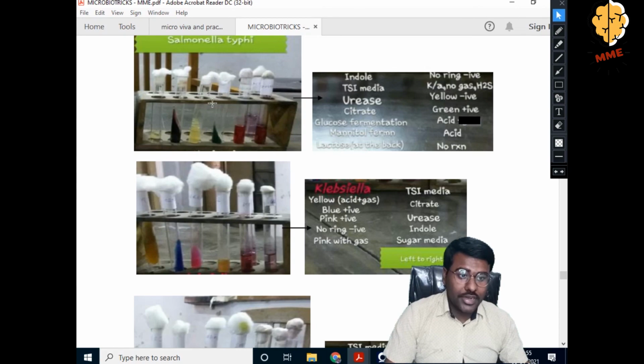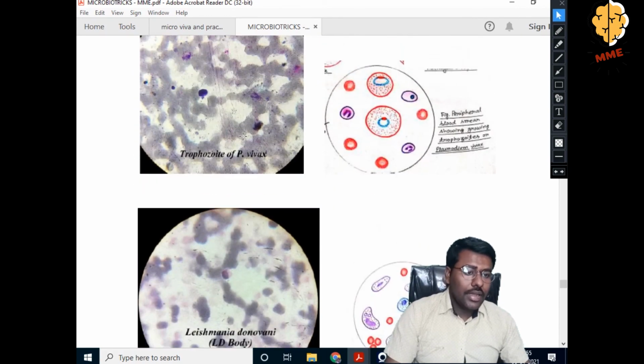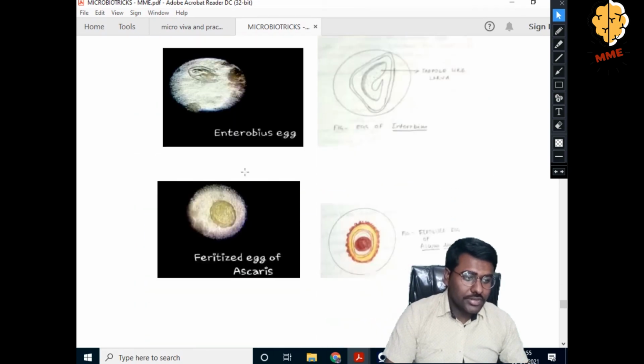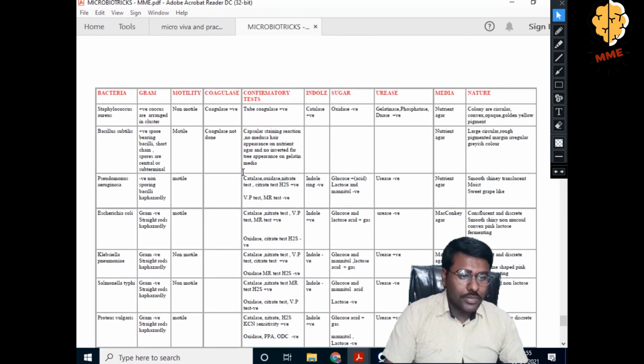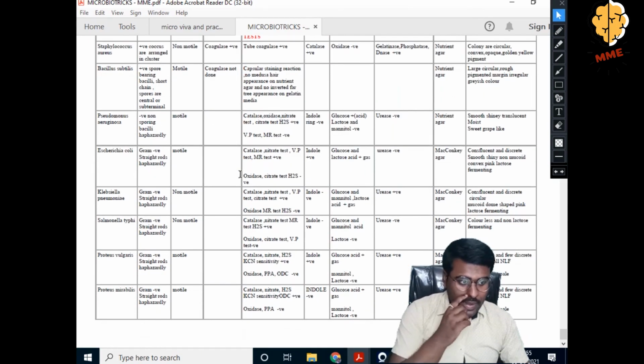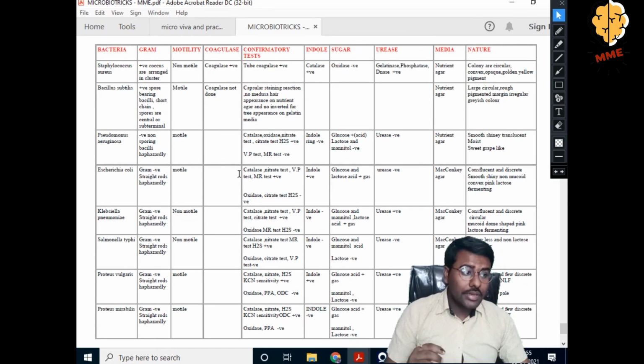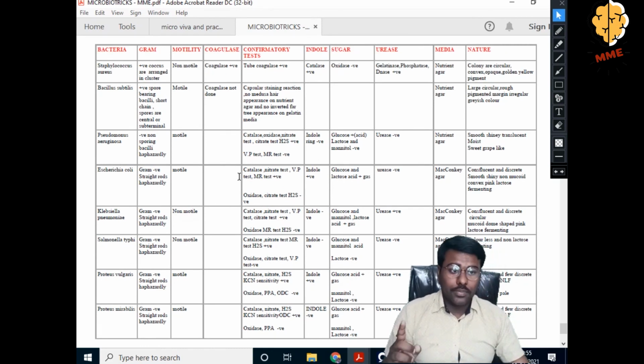What is the positive, what is the negative? Just follow the PDF, and I am giving you the drawings. What you have to draw, what is the bile stain or non-bile stain, and what you have to write in your viva. You have to face viva exams along with questions on uncommon or unknown bacteria, and what you have to write in your answers.